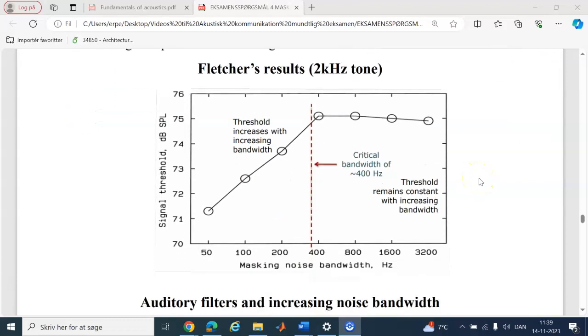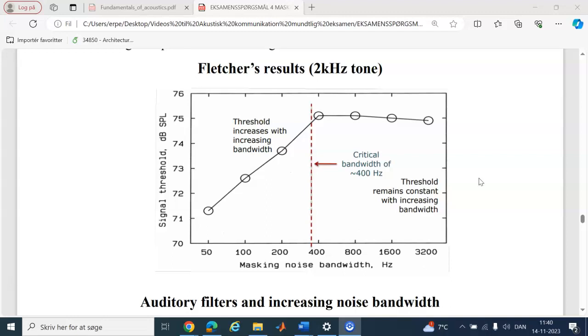It shows up that if you have masking noise bandwidth up to 400 Hertz, then the threshold increases with increasing bandwidth. The signal threshold increases. It's for a 2 kilohertz tone. But when the masking noise bandwidth is more than 400 hertz, then the threshold will be constant, about maybe 75 dB SPL.